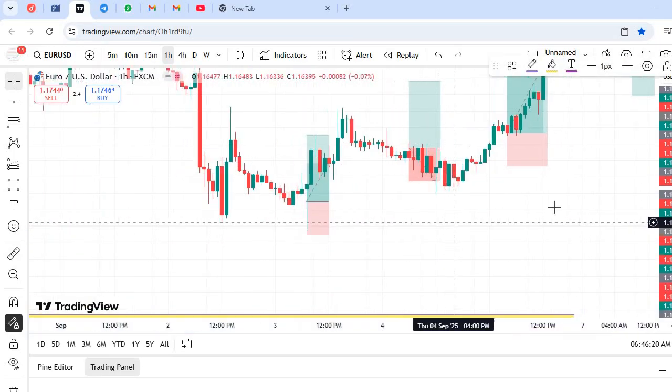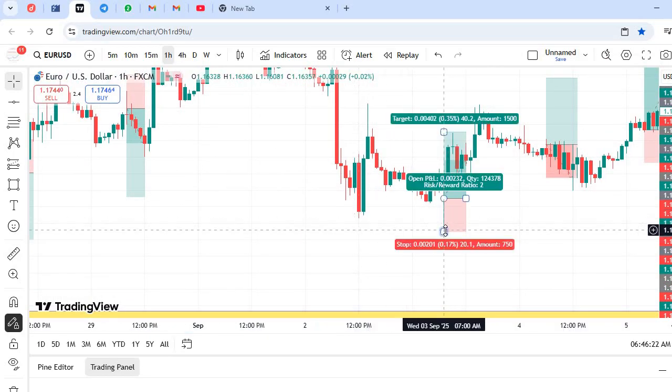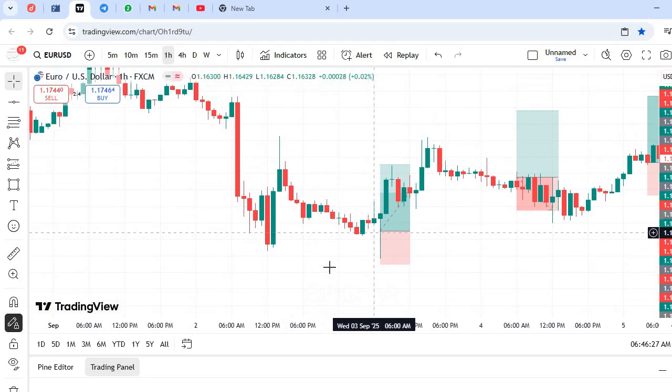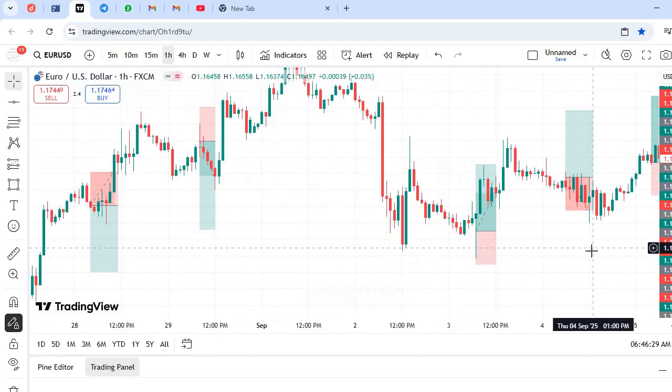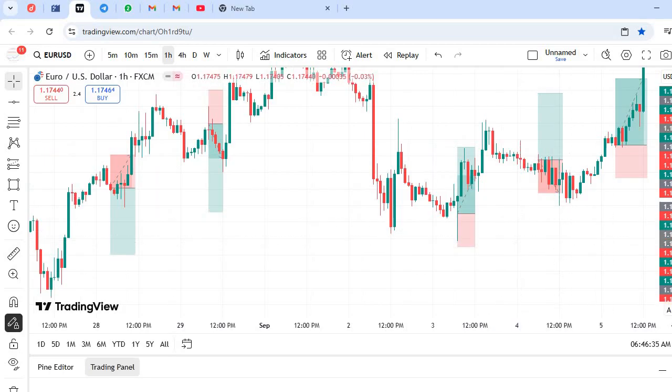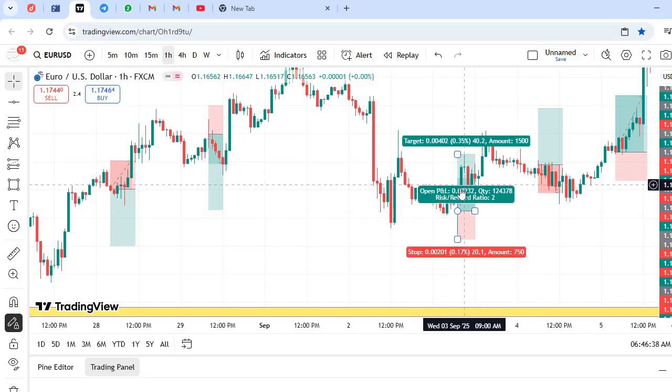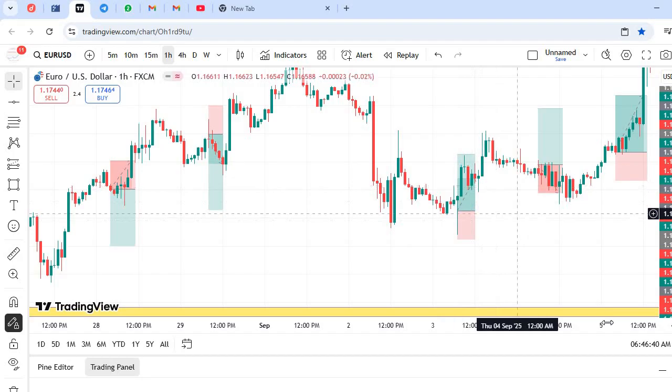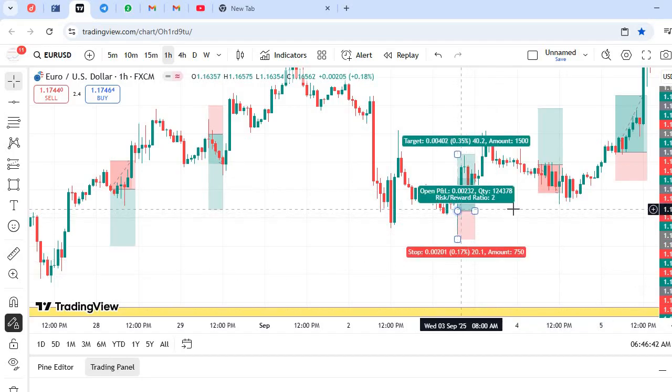So I see that there was a liquidity sweep, and you see it's weak. There was a liquidity sweep that came to take out this last low. Immediately we had the liquidity sweep and we had this candlestick. I already knew that okay, this is a pin bar, so I knew that this is going to buy.